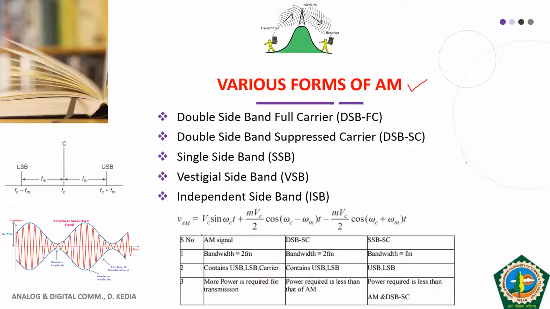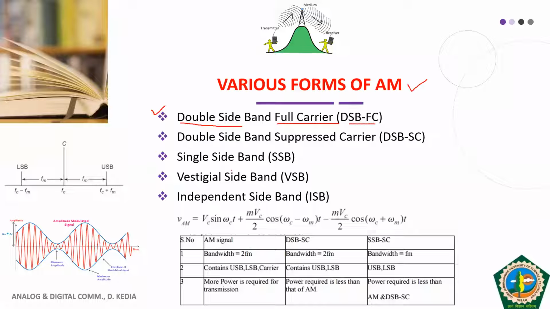We will generate various forms of AM, and we will try to save either power or bandwidth or both in some form. As we try to save the power or the bandwidth, it becomes a different form of amplitude modulation. Now the first form of amplitude modulation is double sideband full carrier.